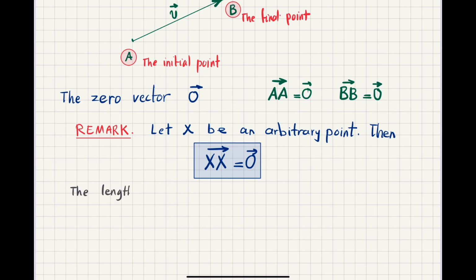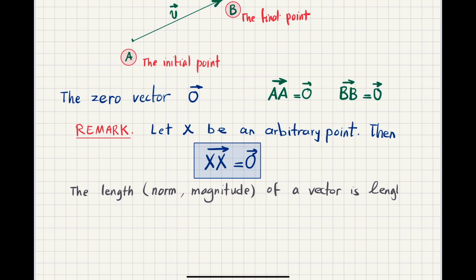There are different names for the length. The length, some more advanced books call it norm. This is not usually used in high school. Or sometimes we say magnitude. Of course, magnitude is also good. The magnitude of a vector is the length.